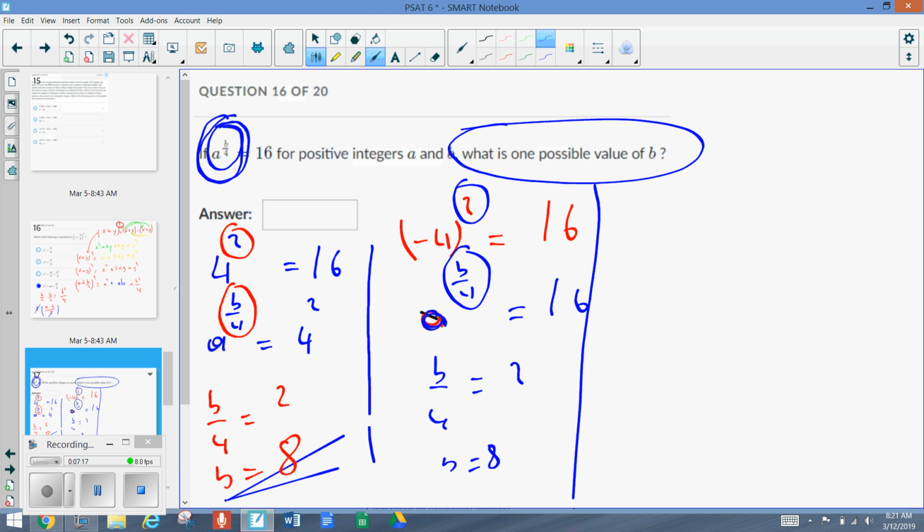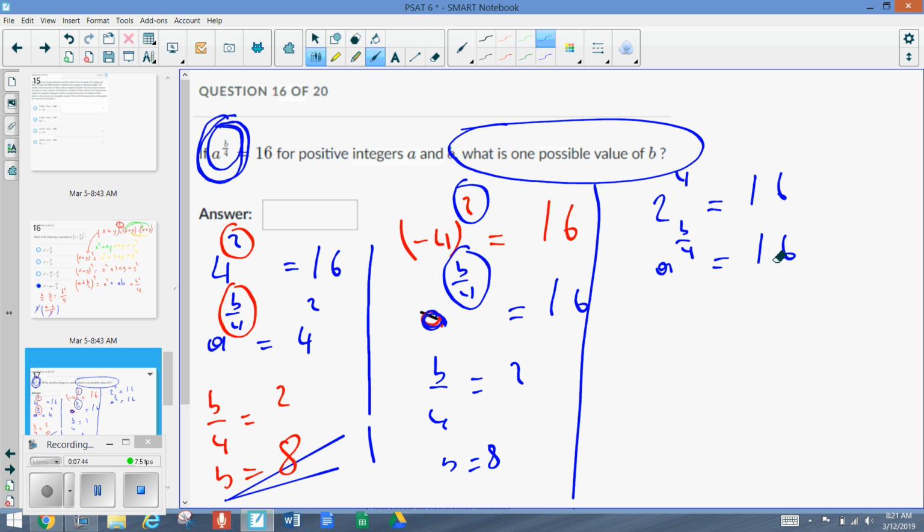What else? Try to change the exponents. Make the exponents different than 2. What power makes 16? 2 to the power of what? 2 to the power of 4 is equal to 16. So A to the power of B over 4 is equal to 16. Where did I get this?